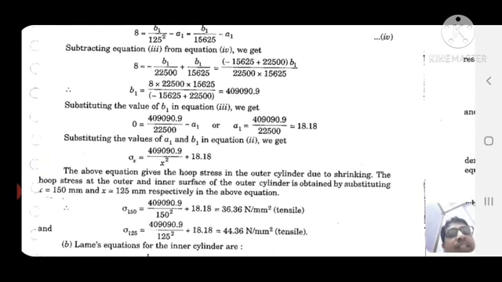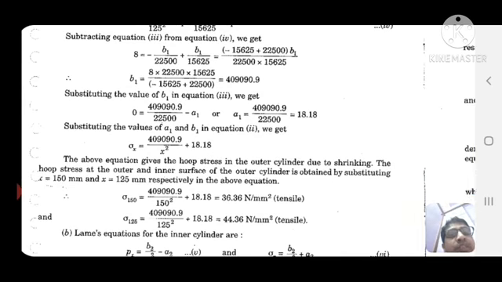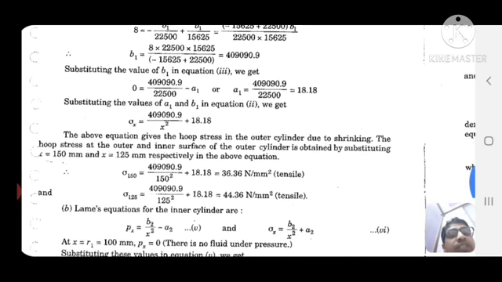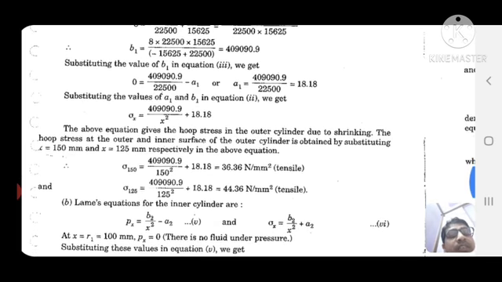So subtracting equation 3 from equation 4, we get 8 equal to minus B1 by 22500 plus B1 by 15625. That is equal to minus 15625 plus 22500 divided by 22500 into 15625 into B1. Therefore, B1 is equal to 8 into 22500 into 15625 divided by minus 15625 plus 22500.